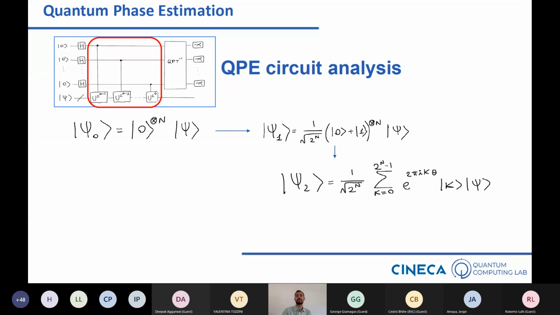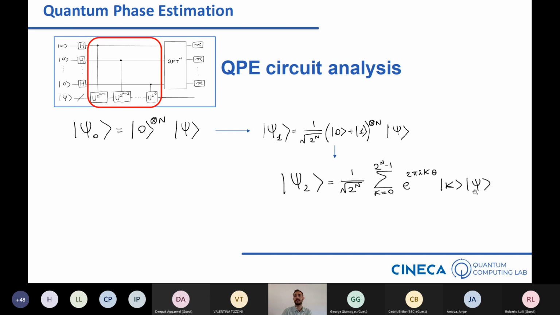Here it's a bit strange, but you can apply the controlled operation and write everything in such a way that psi is left unchanged at the end, and everything is in the superposition of the first n bits that were originally in 0. It's very similar to what we have seen before with the other algorithms.